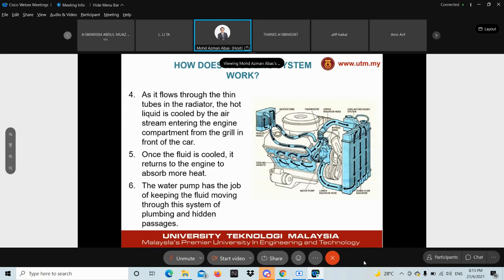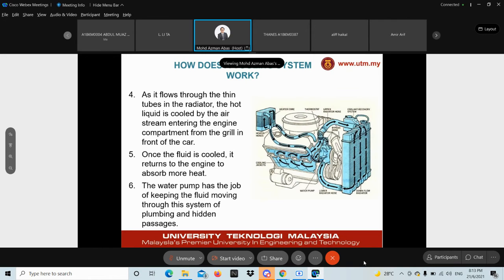Once the fluid temperature is brought down, the fluid will then return to the engine to absorb more heat. So it's a cyclic event.